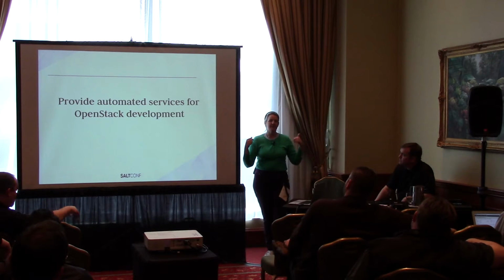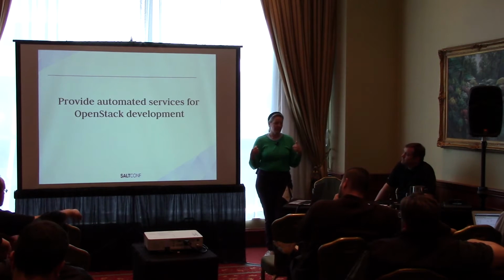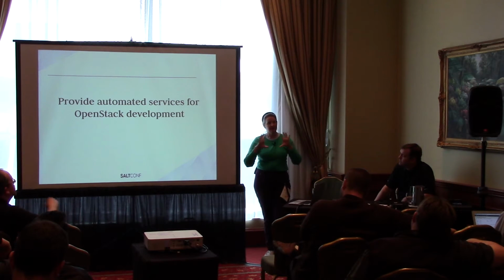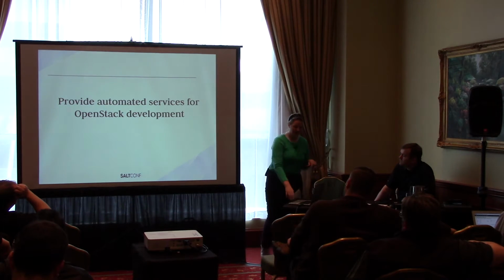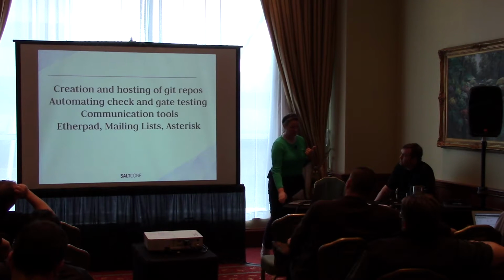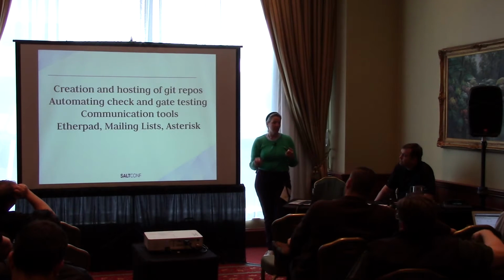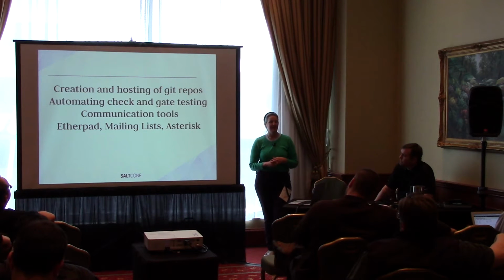In the context that I'm talking about, the infrastructure team is responsible for setting up all the automated services so that developers can develop, so that they have all the communication tools that they need, and that they can get reviews for their code and submit and merge code. So infrastructure takes care of the creation and hosting of all the Git repos, the automated check and gate testing.